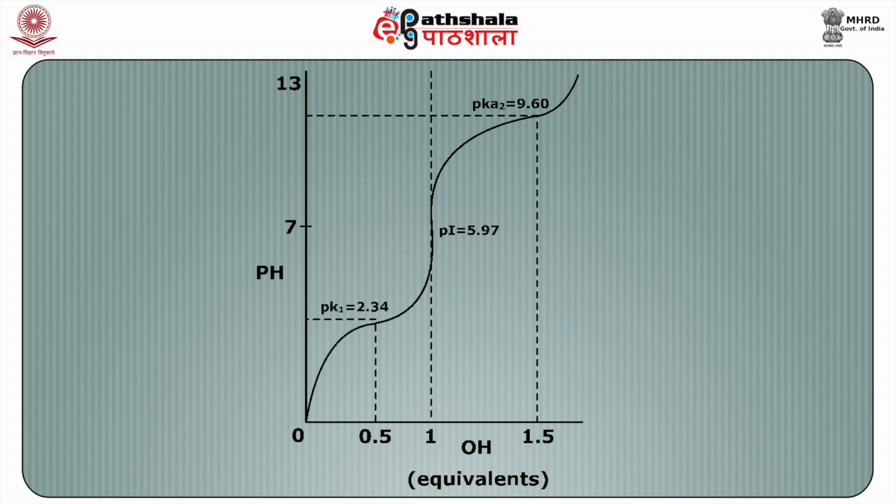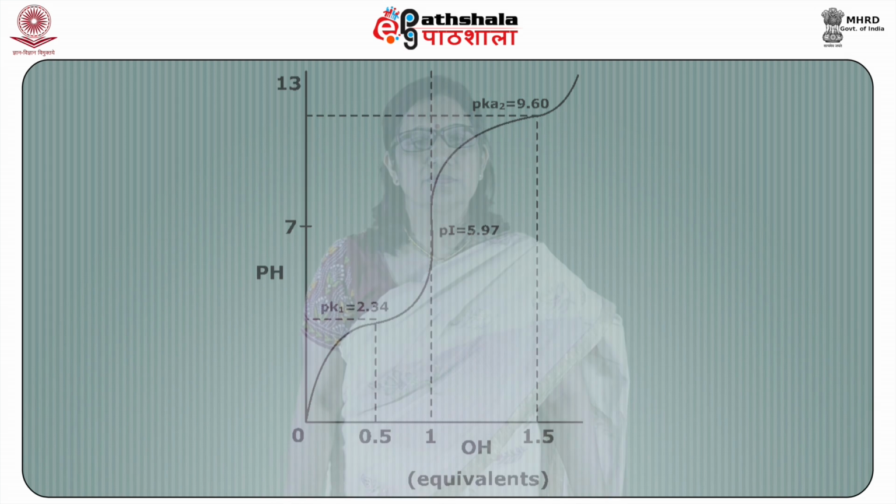The characteristic pH at which the net charge becomes equal to 0 is called the isoelectric point or isoelectric pH, designated as pI. The isoelectric point is simply the arithmetic mean of the two pK values. Here the pI is half of pK1 plus pK2, which is half of 2.34, the pK for carboxylic, plus 9.6, the pK for the amine group.